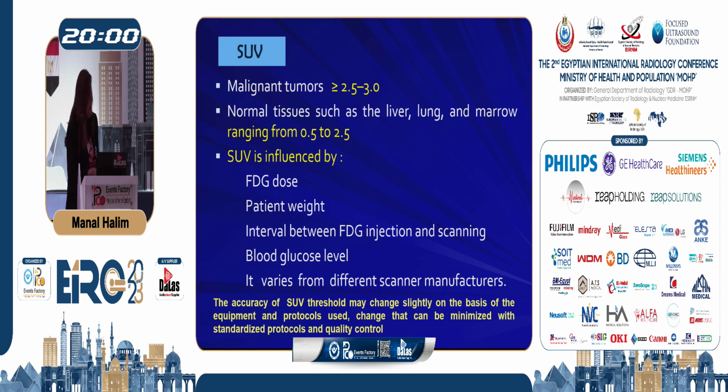The SUV is influenced by the patient weight, the interval between fluorodeoxyglucose injection and scanning, and the blood glucose level, and of course it varies between different scanners and manufacturers. These variations can be minimized with standardized protocols and quality control.